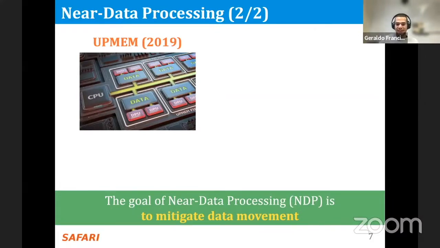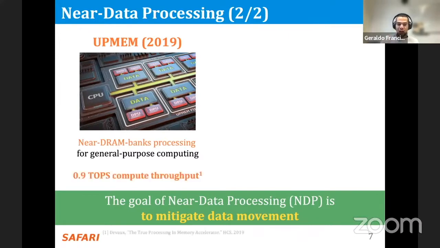The first one is the UPMEM architecture, which was developed by a company of the same name and demonstrated in 2019, which is a near-DRAM-bank processing system for general purpose computing, which can achieve up to 0.9 tera operations per second of compute throughput.